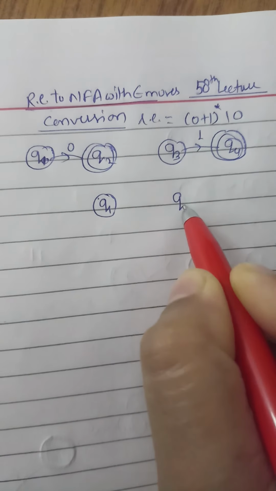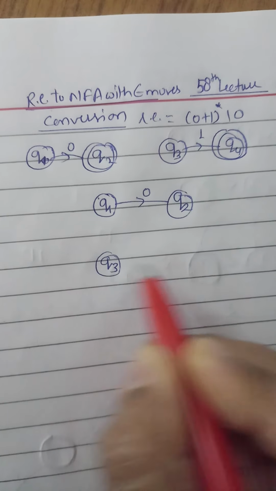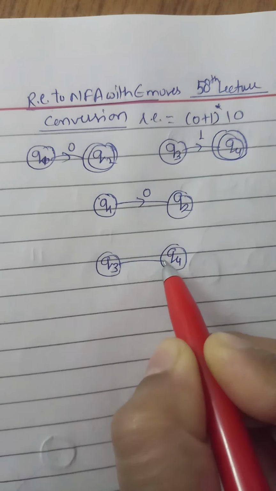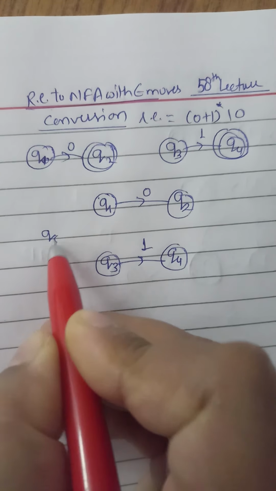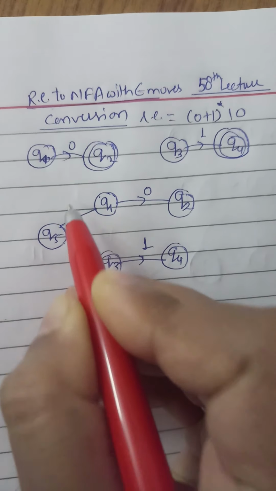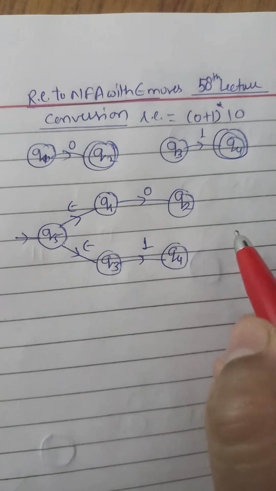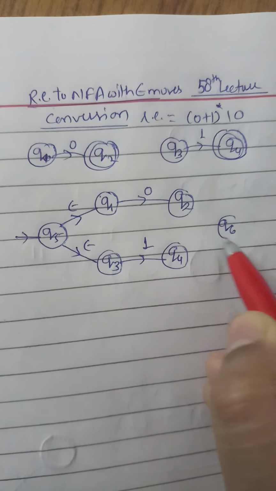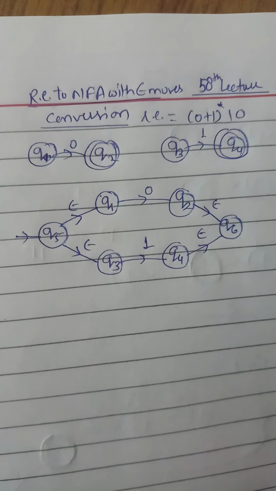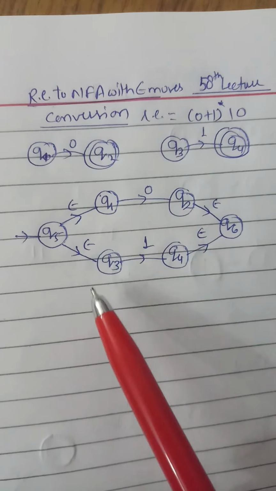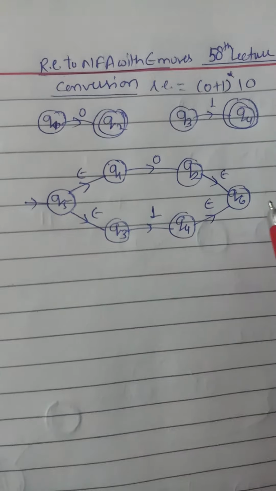Q1, Q2 with 0, Q3, Q4 with 1, and we combine them with another initial state Q5 with epsilon moves, and another final state with epsilon moves. So this is 0 plus 1, combined with an initial state and a final state.